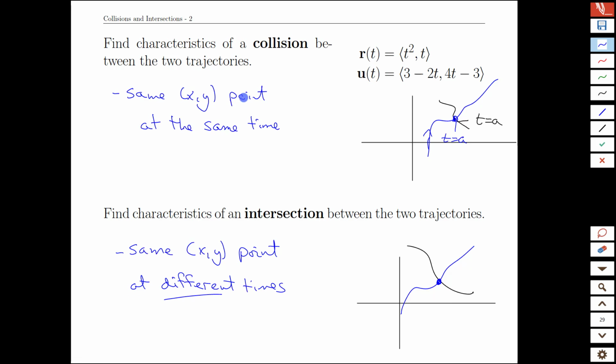So imagine here, if we're going along this curve and we reach this coordinate on the black trajectory at t equals a, but as we come along the blue line, we reach that same point, but at t equals b. Or what we're going to do is call this maybe t1 and t2. That makes it nice and clear.